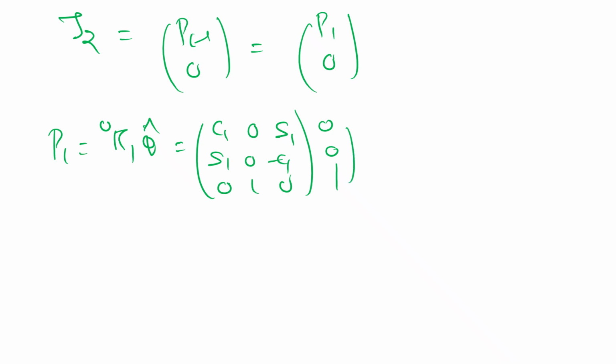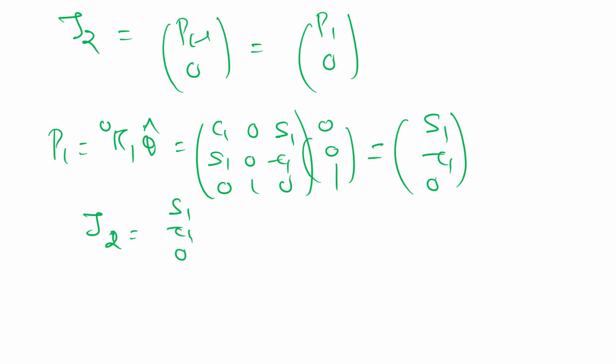Multiplied by 0 0 1, it gives S1, minus C1, 0. So Jacobian 2 is S1, minus C1, 0, and then 0 0 0.